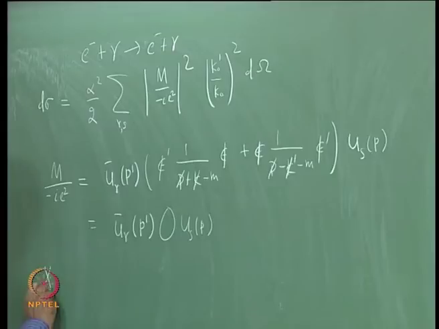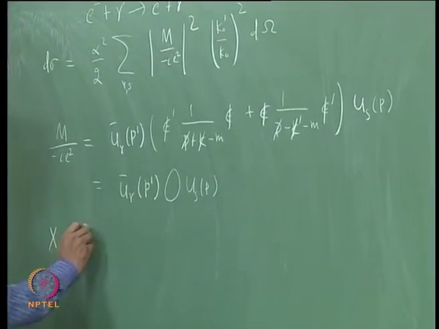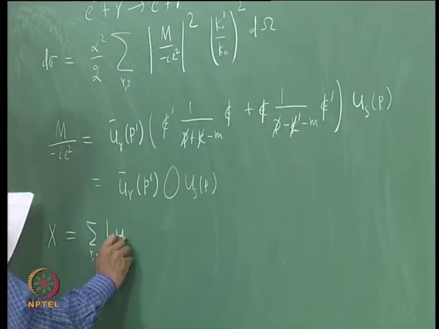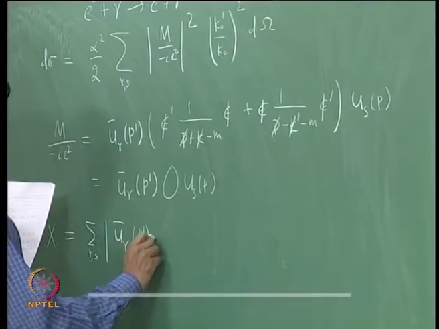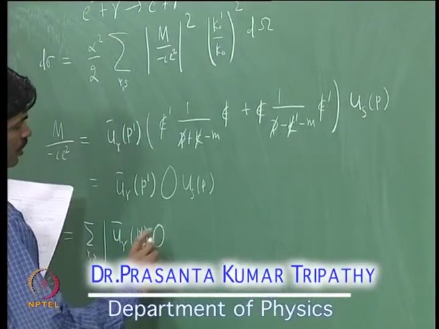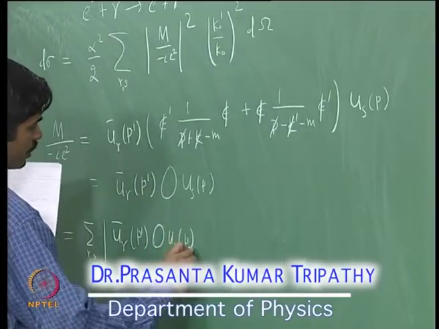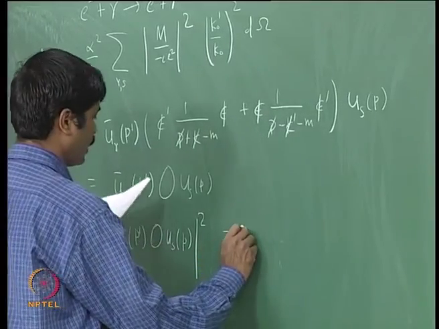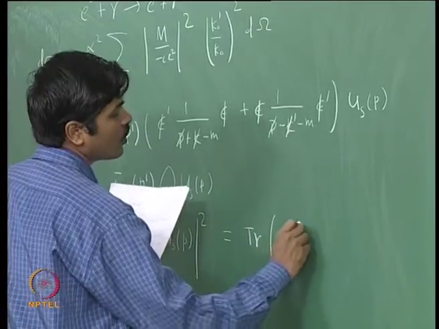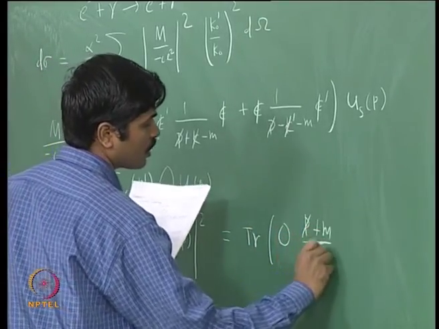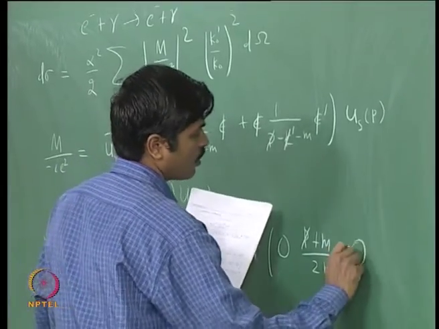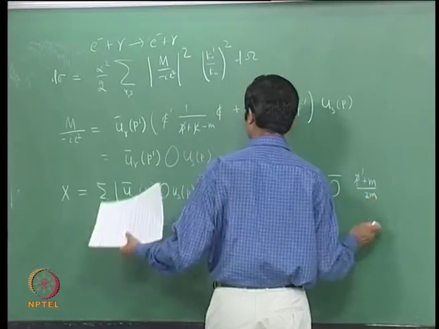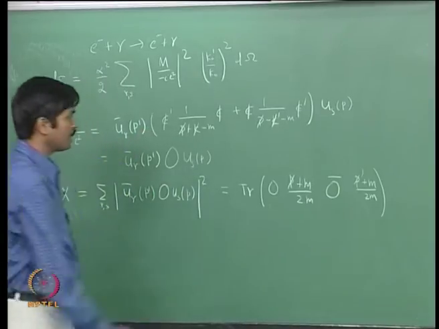So, I will denote this quantity X to be the sum over r, s of |ū_r(p′) O u_s(p)|², and what we have seen is that this quantity is nothing but the trace of O (p-slash + m)/2m Ō (p′-slash + m)/2m, where O is given by this quantity here.